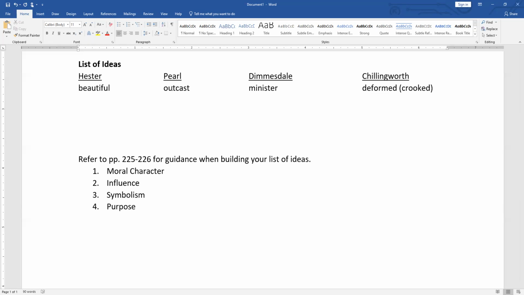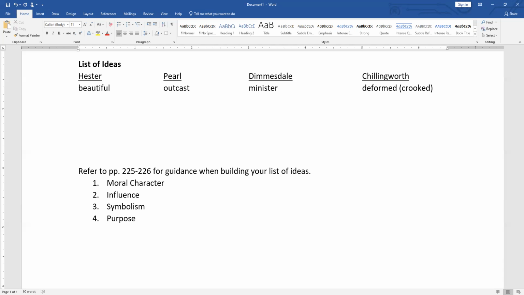They talk about his crooked shoulders and things like that. Some of those are symbols, some of those are their moral character or their influence. And so you look for things like that about these characters. You also can talk about their relationship to each other, like Hester is Pearl's mother, whereas Pearl is Hester's daughter.